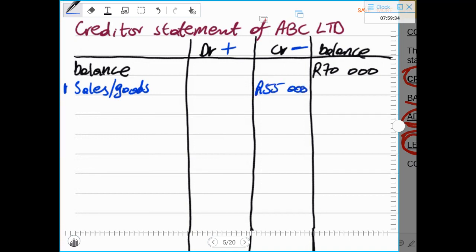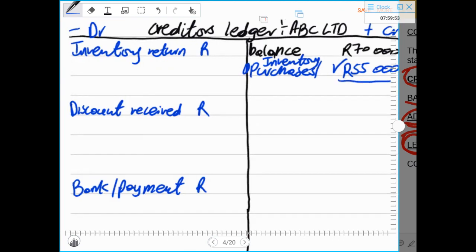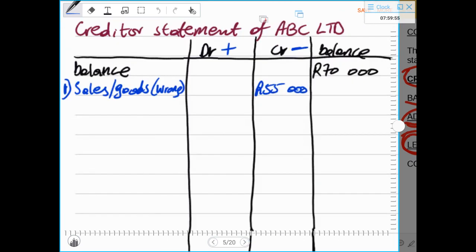So now we see that on the same date of the first, and remember I said to you that we have to always acknowledge that the statement is wrong so that we can do the reconciliation. Assume that the amount of the purchase of inventory was recorded correct in the ledger account, but when we go to the statement, we discover that there is a correct amount of 55,000 rands.